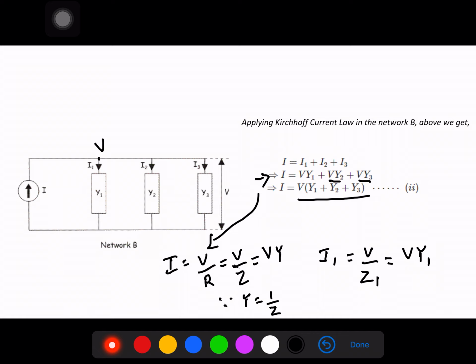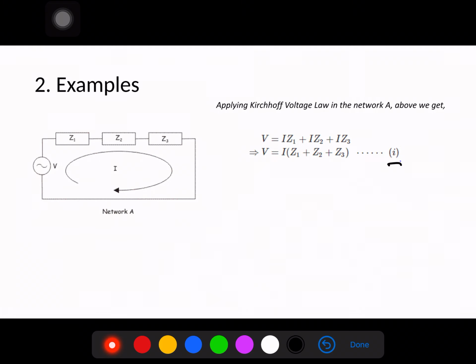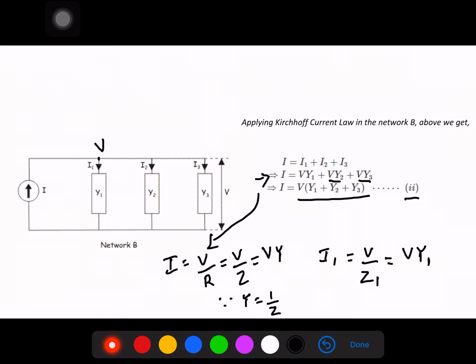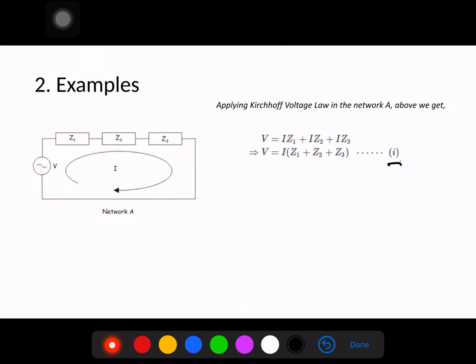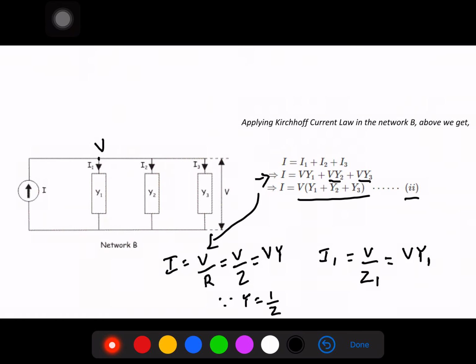Now if you notice this equation 2 and the previous equation 1, they are the same, aren't they? Only the manner in which we are writing is different. Here we have V is equal to I into Z1 plus Z2 plus Z3, and here we have I equal to V into Y1 plus Y2 plus Y3.